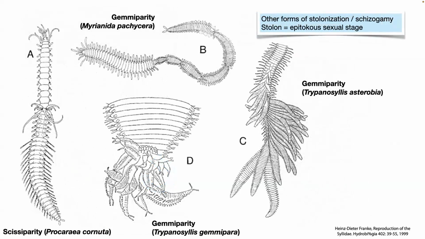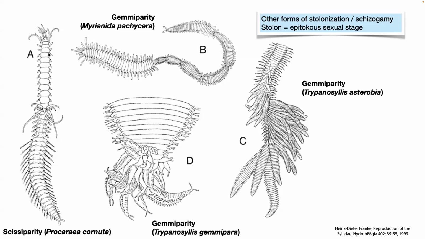Now, on this slide, I'm showing you variations of this theme. So we may have organisms like Palolo, which I just showed you, where segments are converting into sexual forms. There's also a combination where sexual forms are forming as an entire second individual.